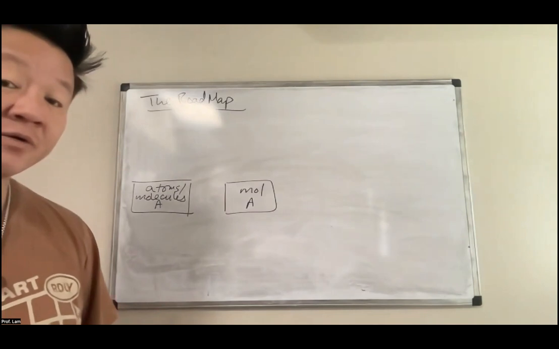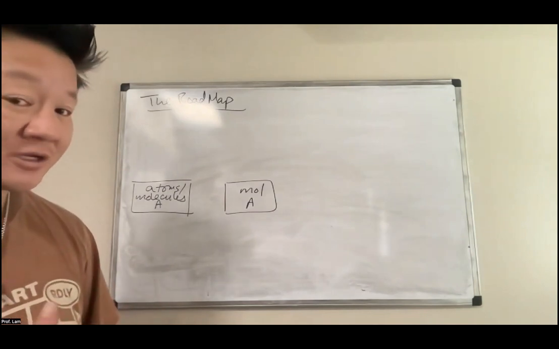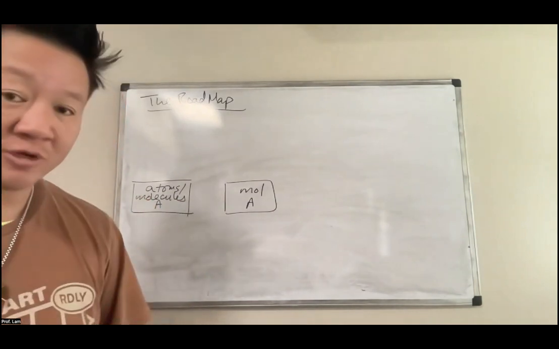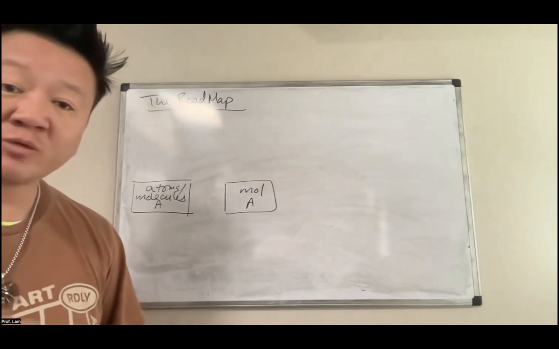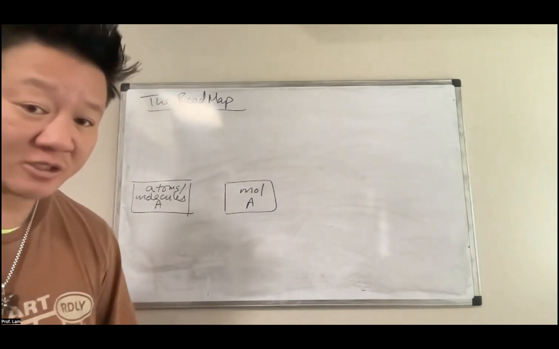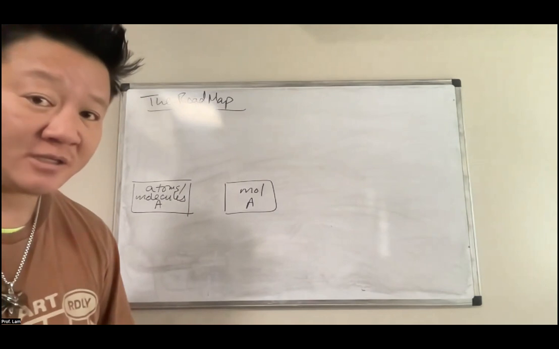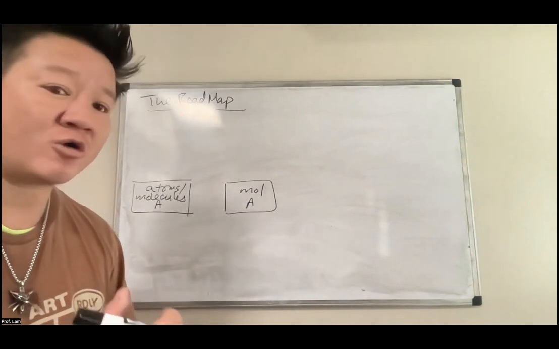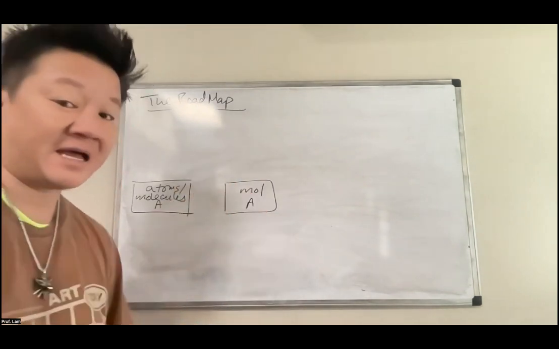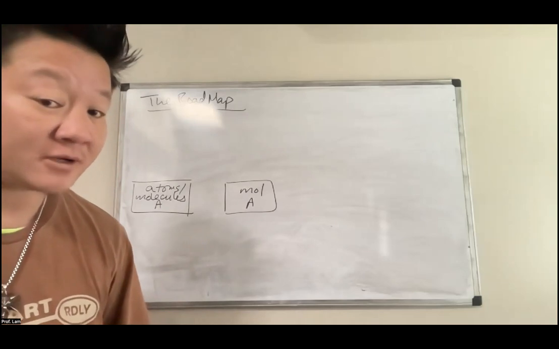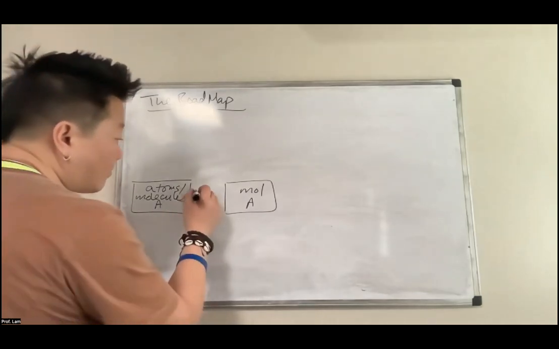And all roads you're going to see are going to lead to mole in the roadmap, right? Because when we're doing reactions, we want to know how much, right? We want to know amount. We don't want to know the mass. We want to know how many moles of that thing do we need in our reaction, okay? And so we go to mole a lot, right?